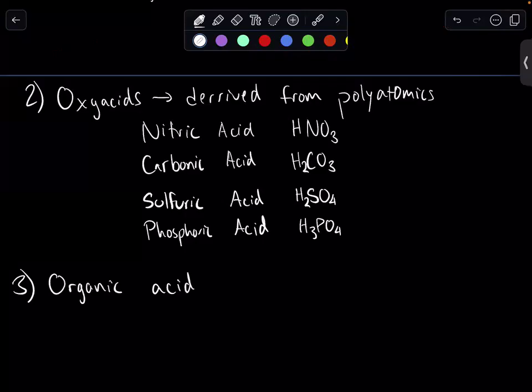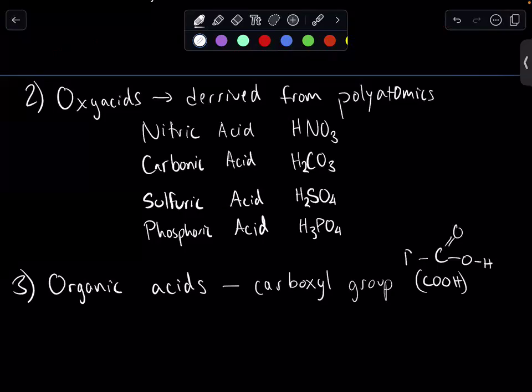Organic acids generally have the carboxyl group, and that is the group that has COOH. Specifically, it's a carbon double bonded to an oxygen, single bonded to an oxygen, which is bonded to a hydrogen in turn, and that is bonded to some hydrocarbon chain.